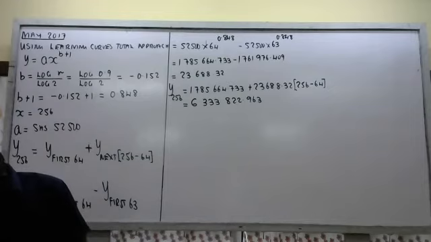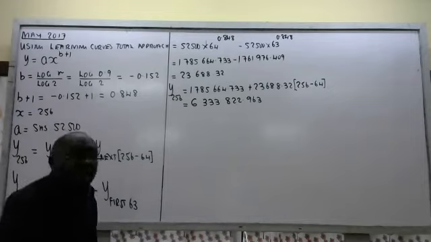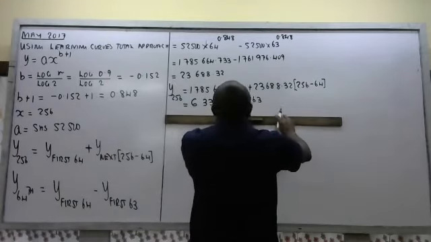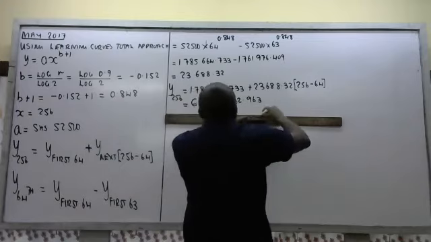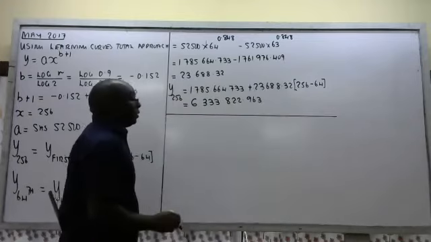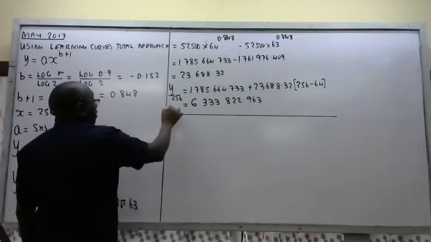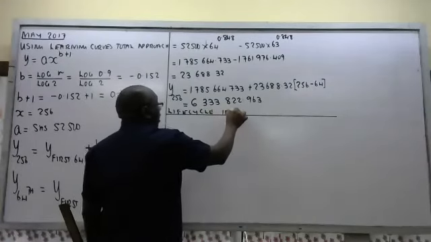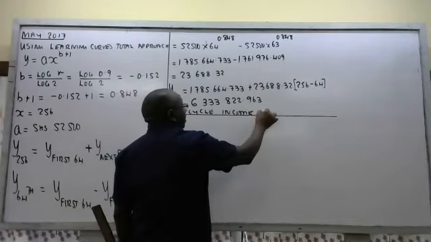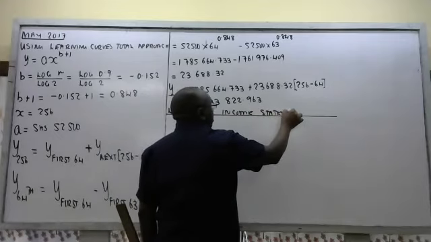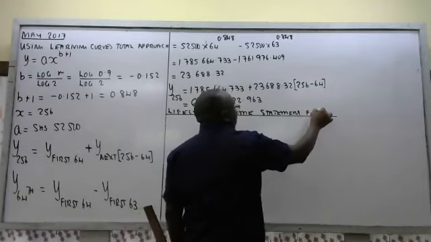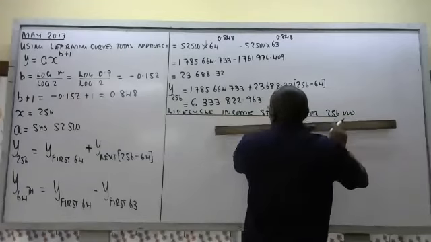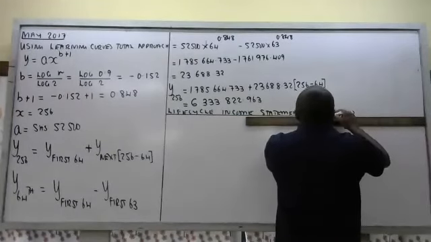So the next thing is to come up with the life cycle income statement for 256,000 units.